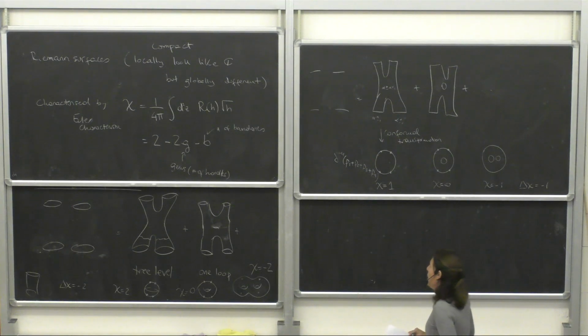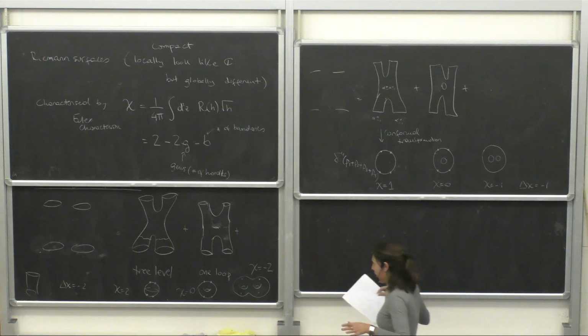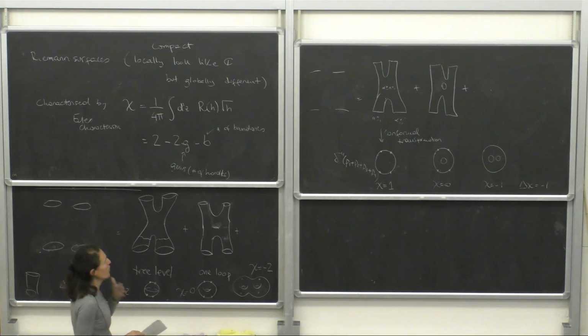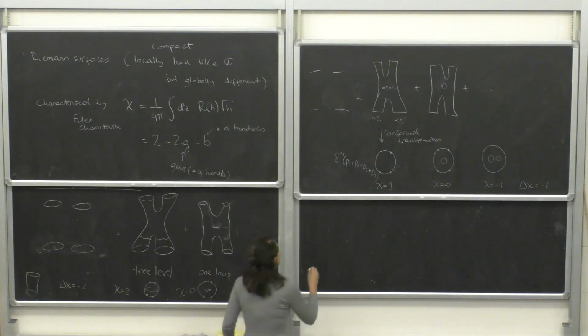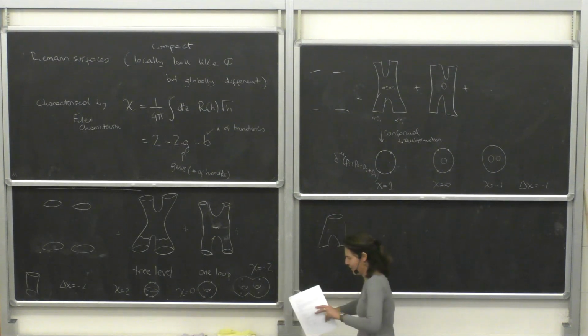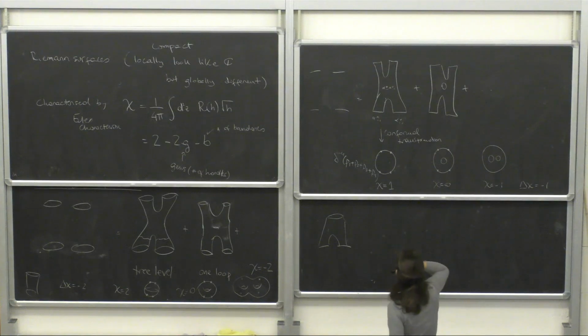Yes, very good. Two open strings can join and give a closed string. How do you see it as a worldsheet? It's like this joining, combining. But in terms of this thing, what conformal transformation do you do?